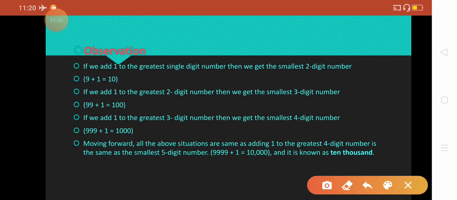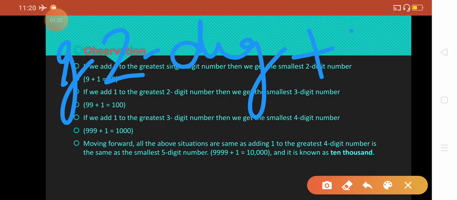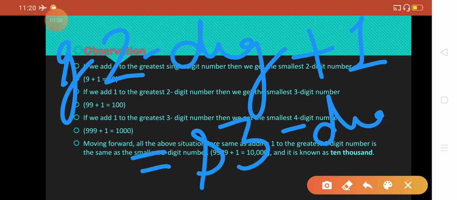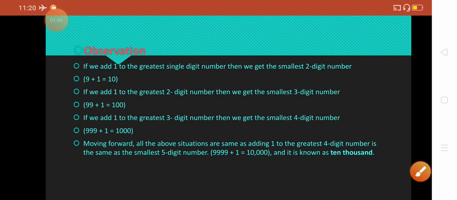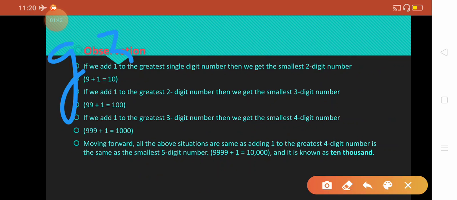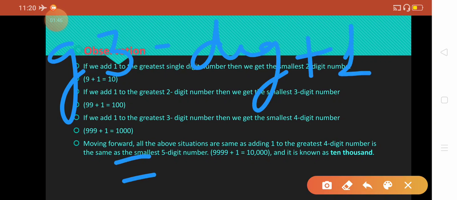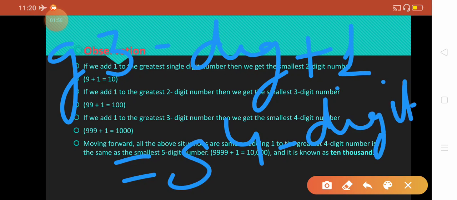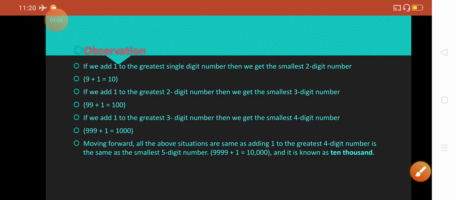In the same way, if you add 1 to the greatest two digit number, you will get the smallest three digit number. And if you add 1 to the greatest three digit number, you will get the smallest four digit number. This is the observation that we have calculated.